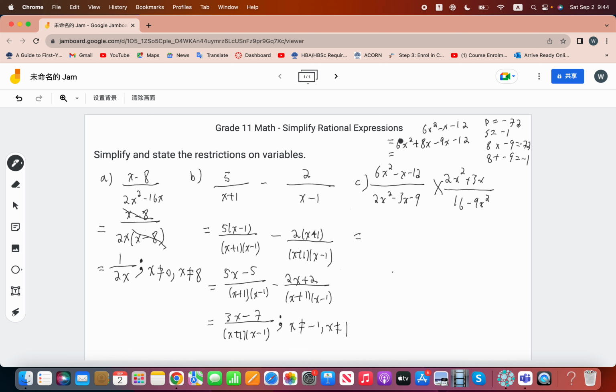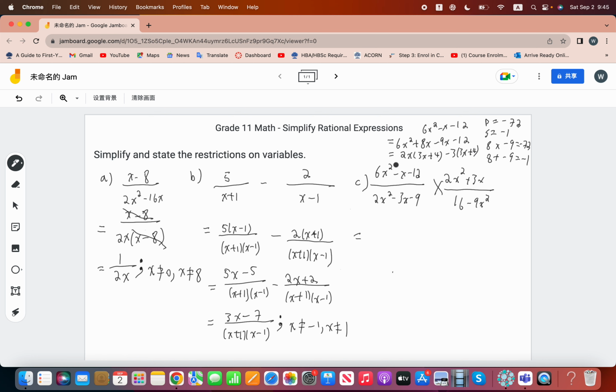Then I factor by grouping, so it's going to be 2x times 3x plus 4, minus 3 times 3x plus 4.